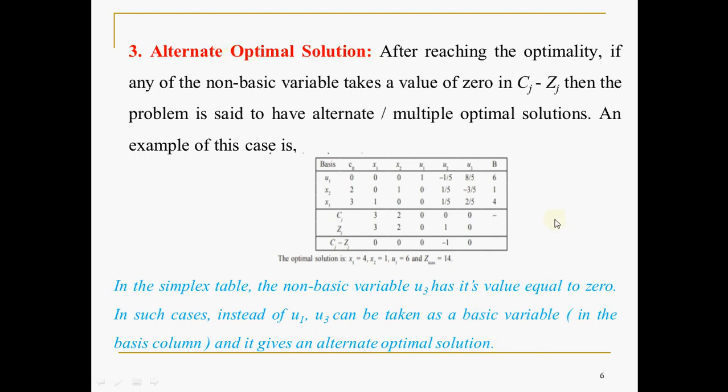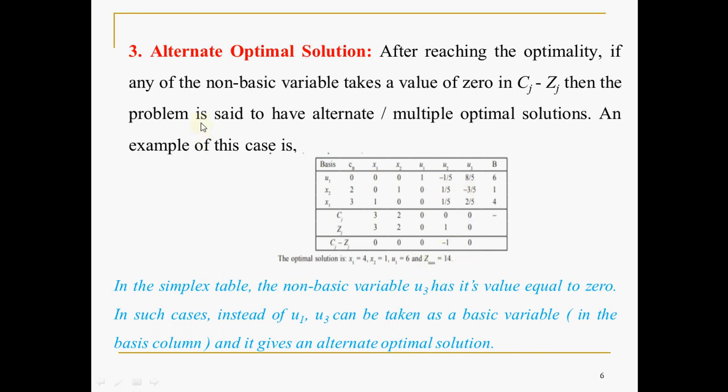How to find that alternate optimal solution is, instead of considering u1 in the basis, you are not supposed to disturb the basic variables, only non-basic variables we are talking about. So you can replace this u1 with the variable which is having Cj minus Zj equal to 0. If you work out, you will get the same Z max or Z min.